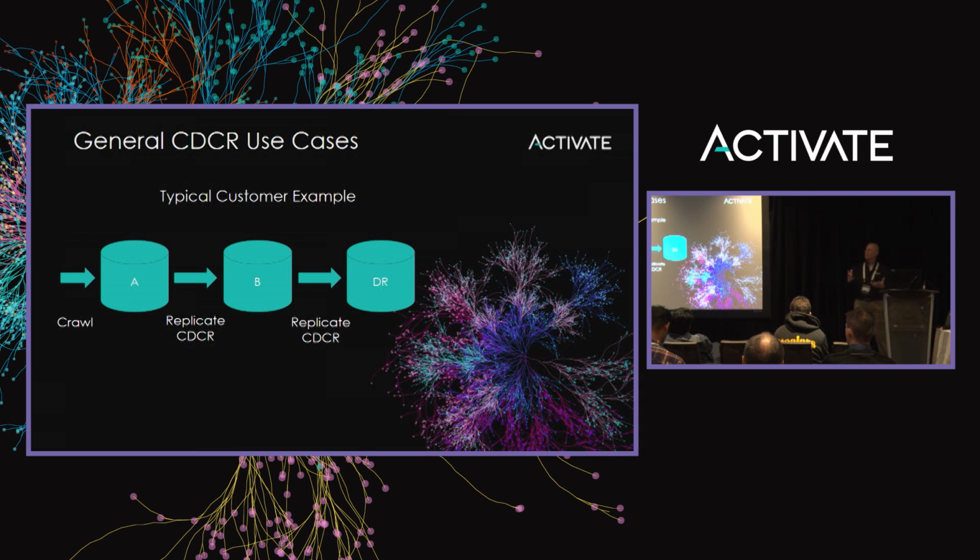So obviously the answer is, why don't you just do that one time, index all the data into repository A, and then use CDCR of one form or another to copy it to B and to the DR cluster. And so that's what we propose.